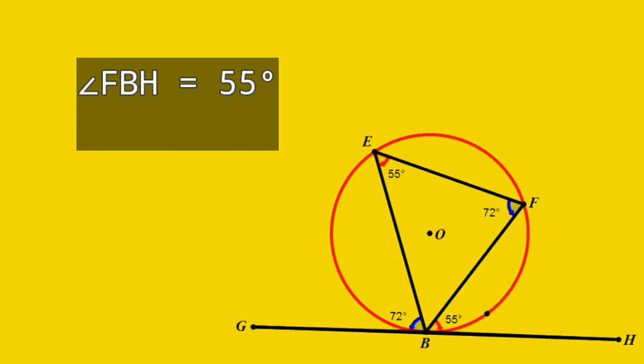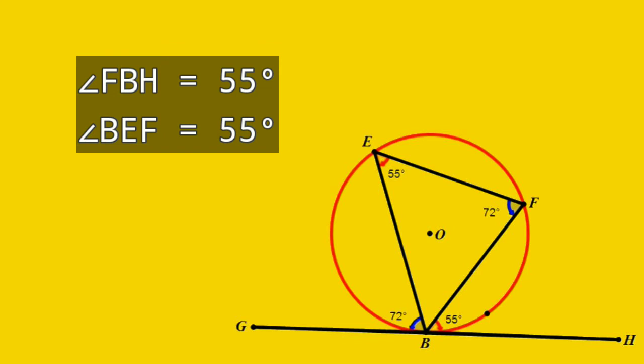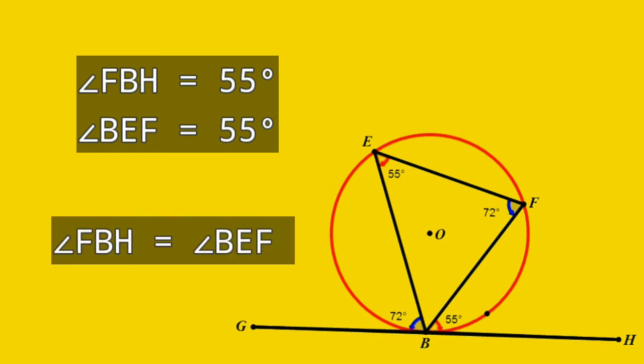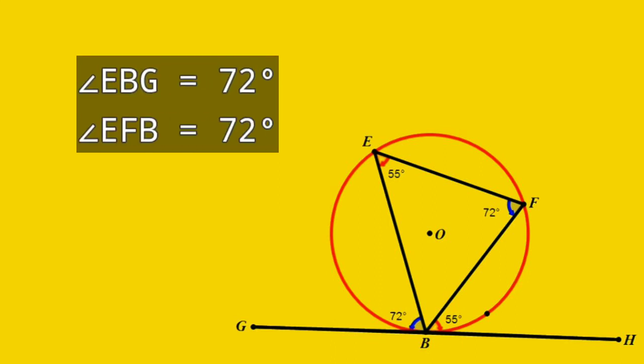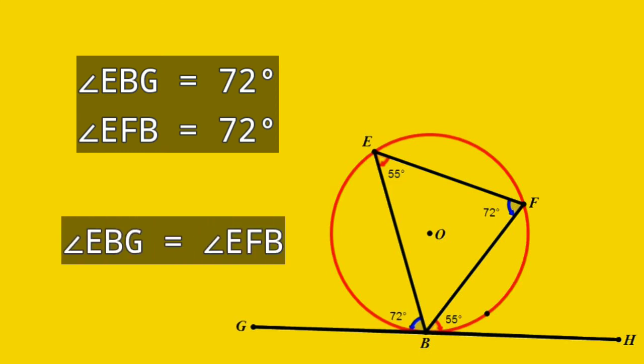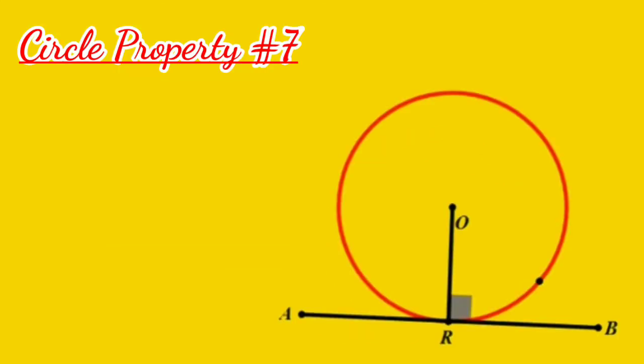We measure the angle FBH and angle BEF, we get 55 degrees for both angles. Therefore, we say that angle FBH is equal to angle BEF. Similarly, angle EBG is equal to angle EFB, applying this property.